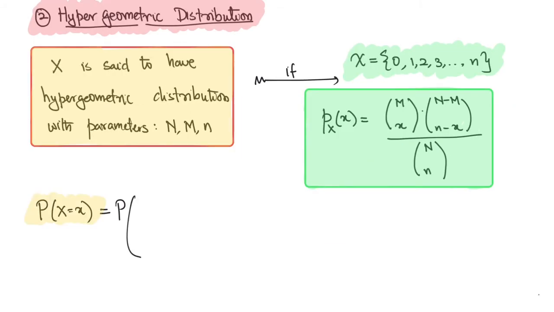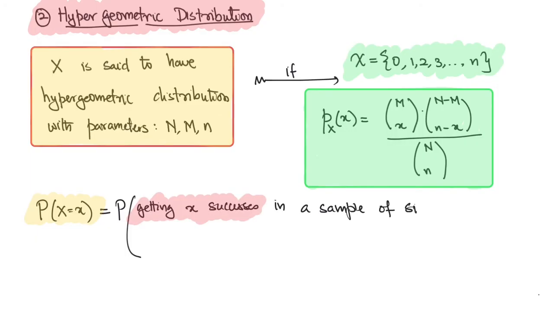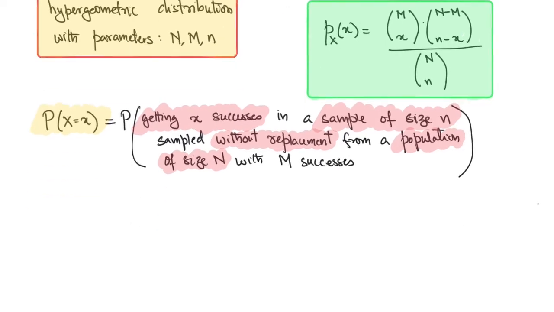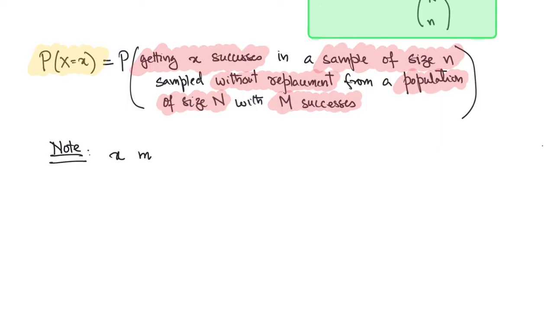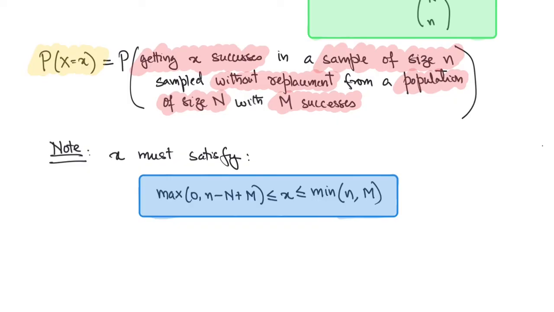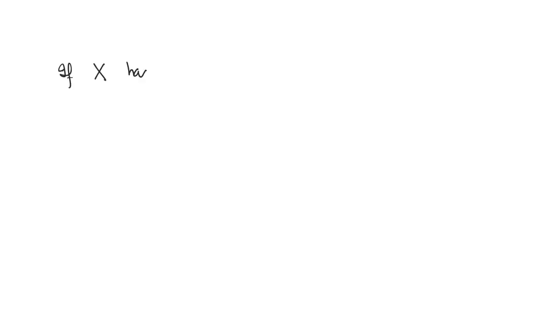P of X equals x in this case gives us the probability of getting x successes in a sample of size n sampled without replacement from a population of size capital N with M successes. Note that implicit in this discussion is that capital M has to be less than capital N, that x must lie between the maximum of 0 and small n minus capital N plus M and the minimum of small n comma capital M.